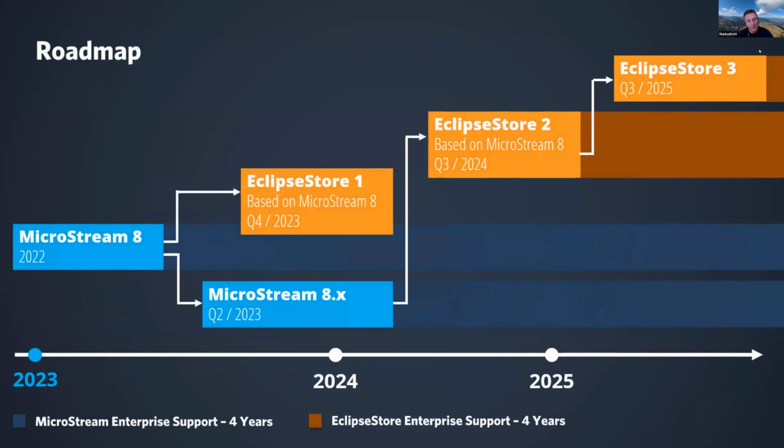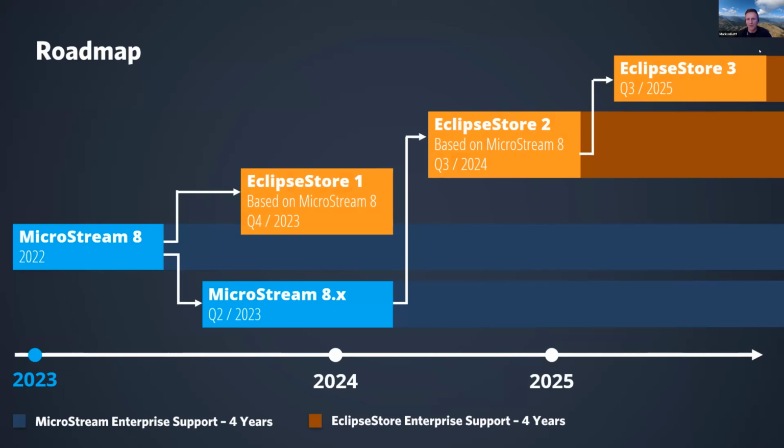So currently, MicroStream is available in version 8, and the EclipseStore version 1 final release will be compatible with MicroStream version 8, and there is also a migration tool available. So migrating a MicroStream application to EclipseStore will be really easy.